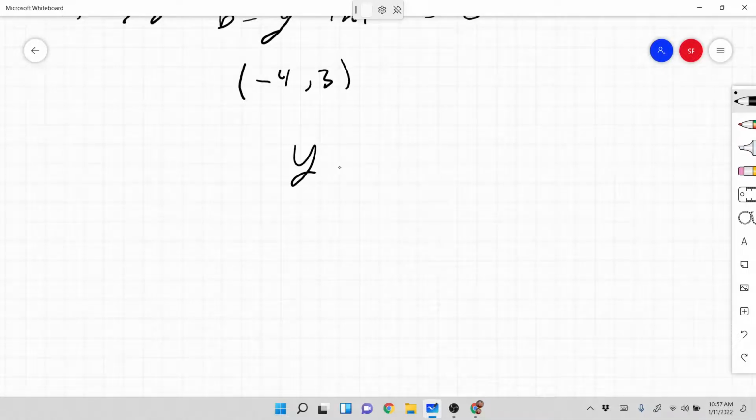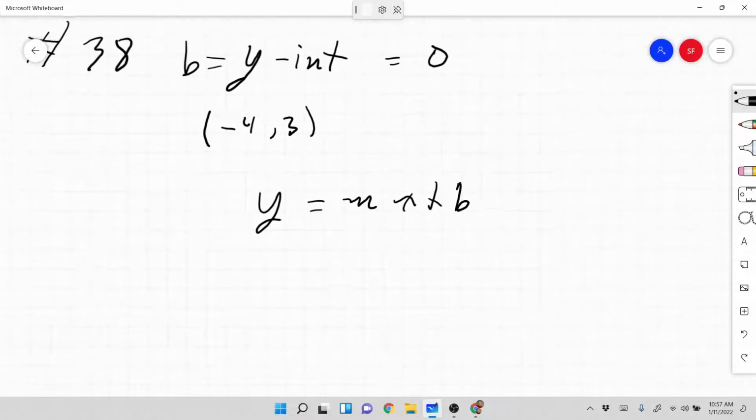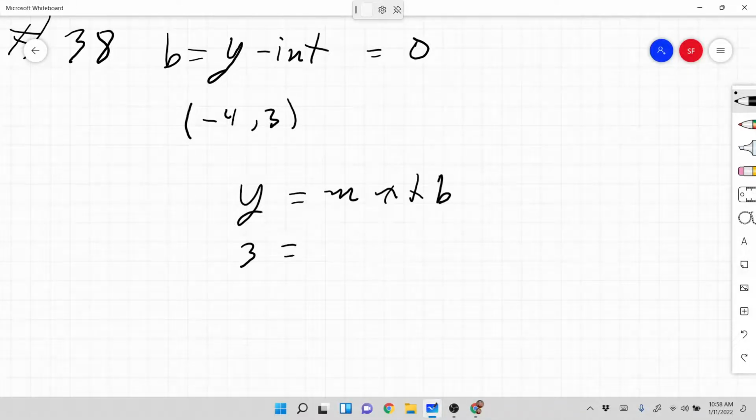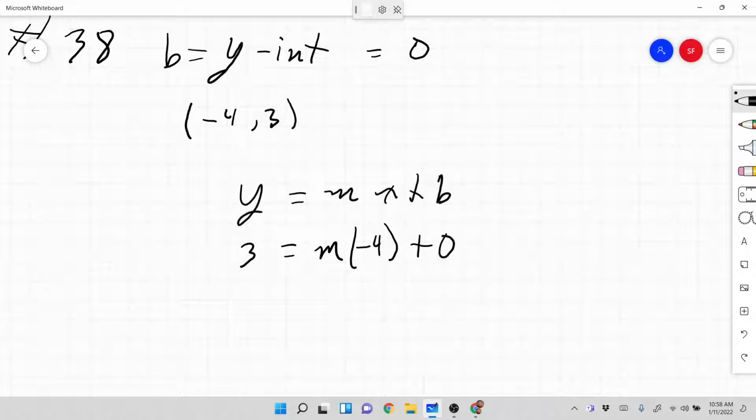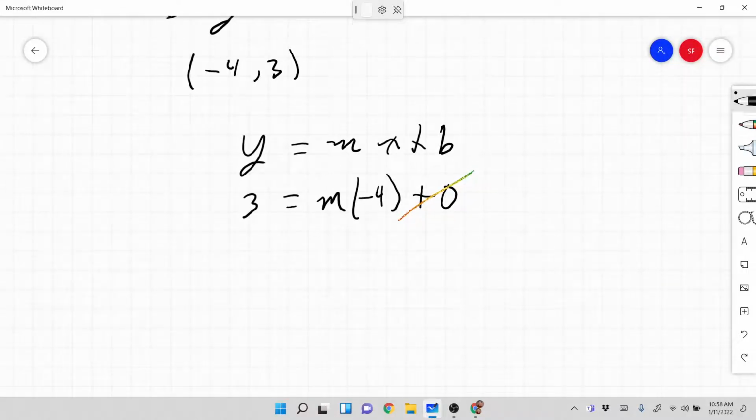So if we use slope-intercept form for that, then we would put a 3 here for y, and we would put a -4 here for x, and we put a 0 here, right? And then we would solve for m. So this goes away. Divide off the -4, and we end up with an m of 3 over -4.